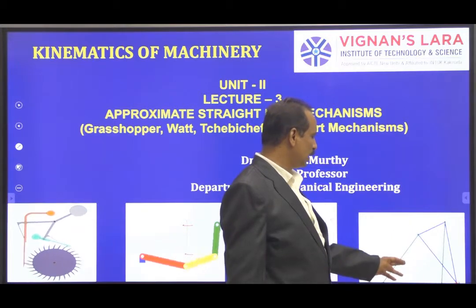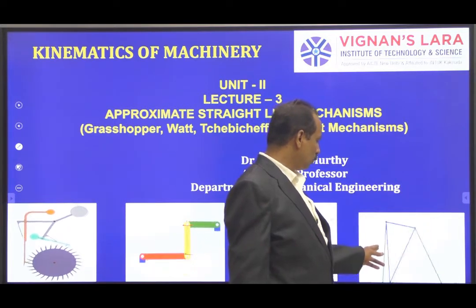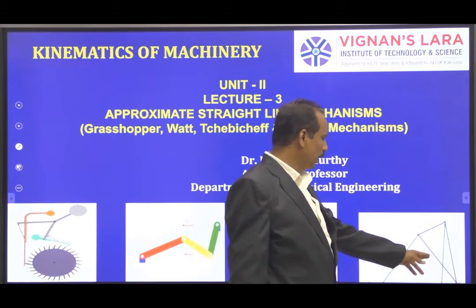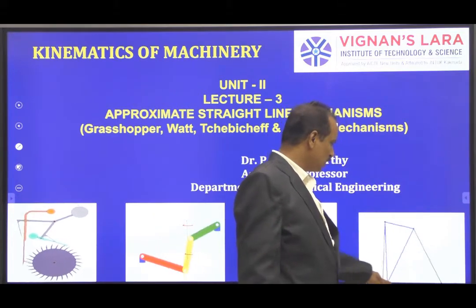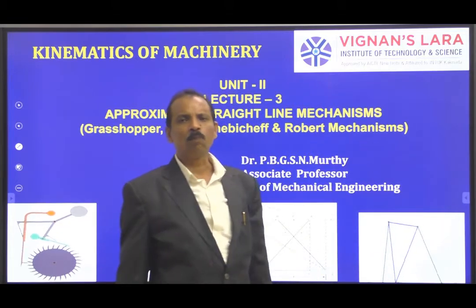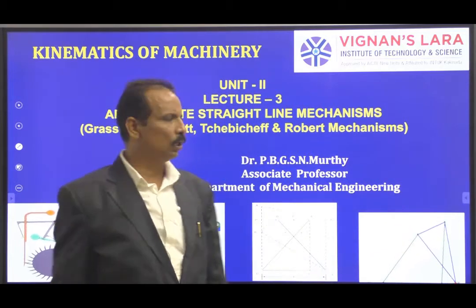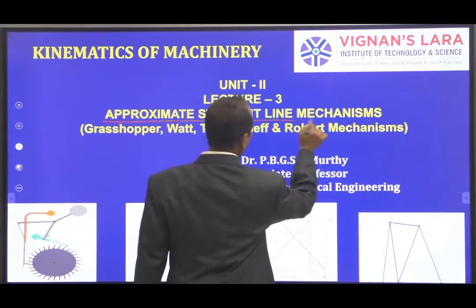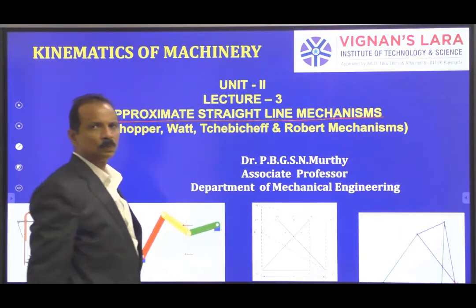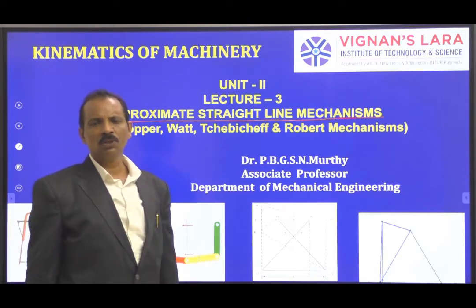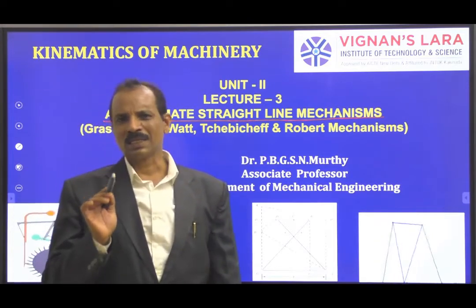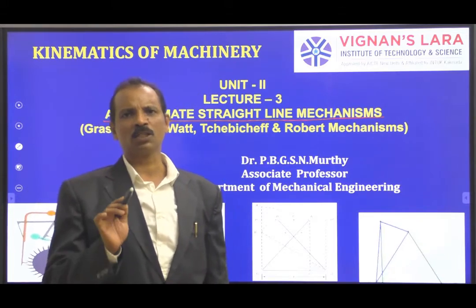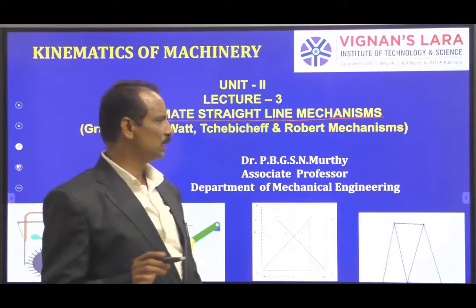For a small swing of the input link, the middle link traces a path which is approximately a straight line. That is why we call these approximate straight line mechanisms. It gives you a straight line, but not exactly. It is an approximation to the straight line, isn't it?